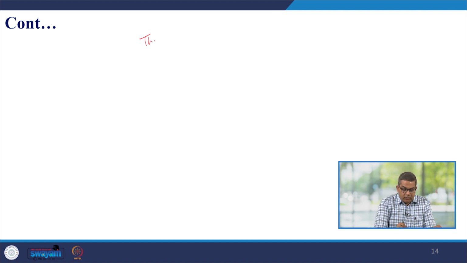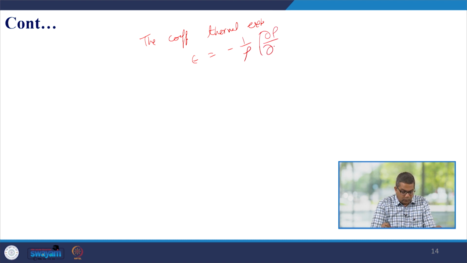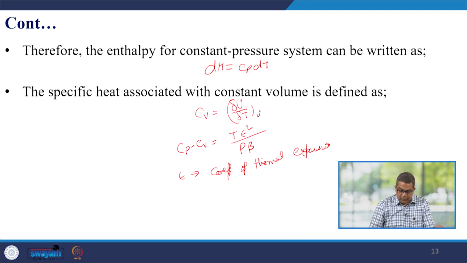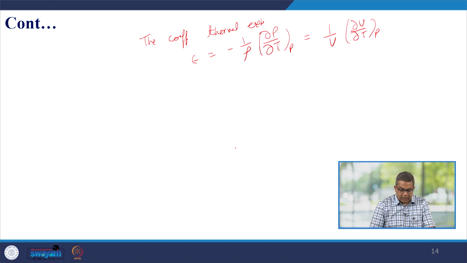Now, the coefficient of thermal expansion can be given as epsilon is equal to minus 1 over rho, del rho over del T at constant P. This can be given as 1 over V into del V over del T at constant P. In the previous equation, we used beta, which is the compressibility factor.